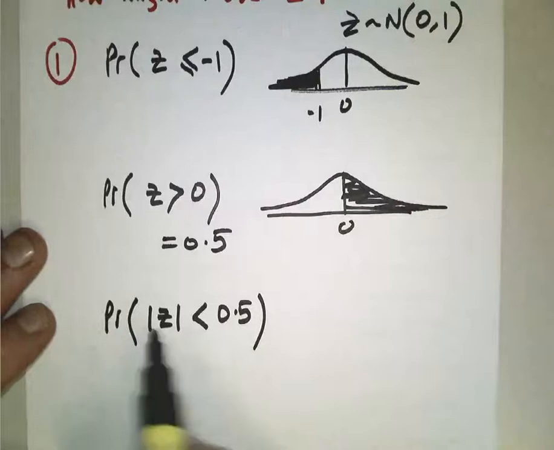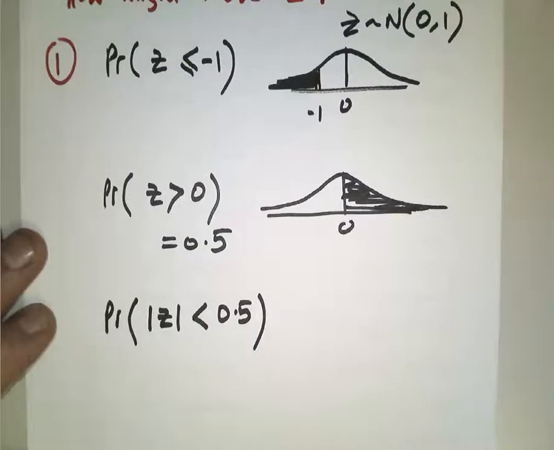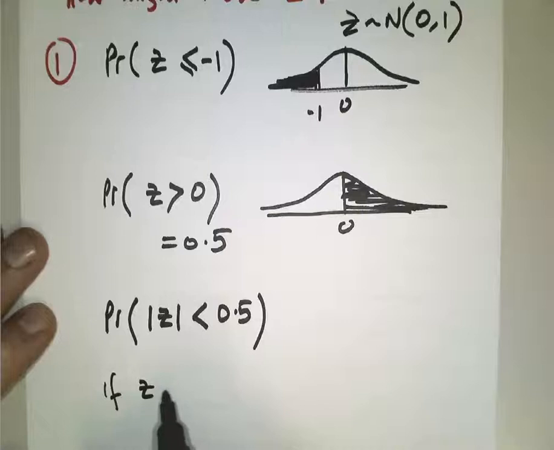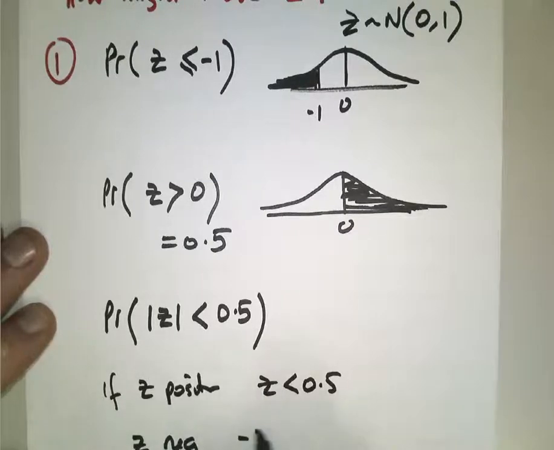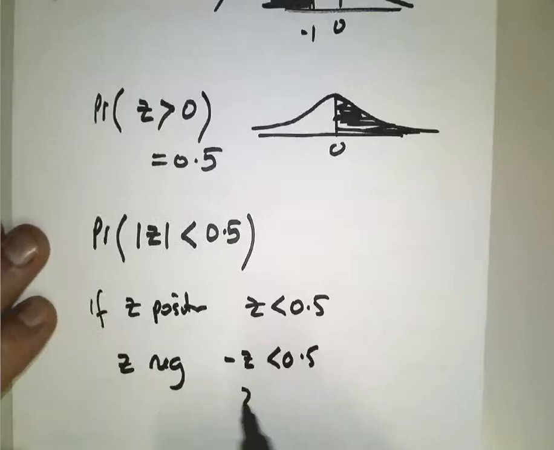And the modulus of Z is less than 0.5. Well, if Z is positive, therefore that's Z less than 0.5. If Z is negative, therefore that's minus Z is less than 0.5, which means Z is greater than -0.5.